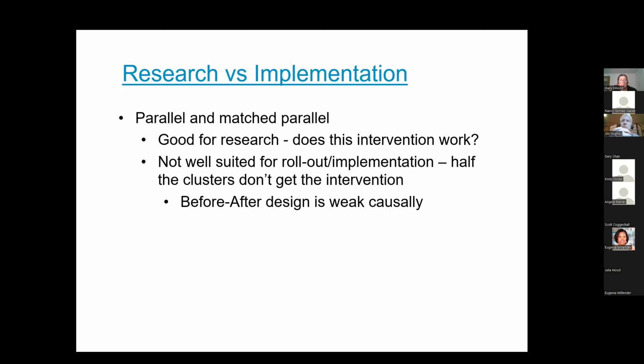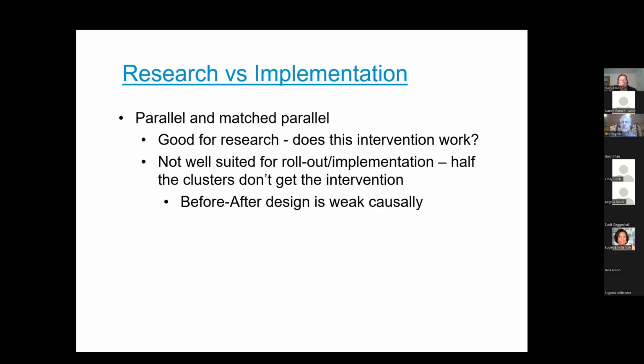And sometimes people try and just look at a simple before-after design. You know, okay, we have data from the country records of what disease rates were before this intervention was rolled out. We look at after and try and do something fairly simple like that.